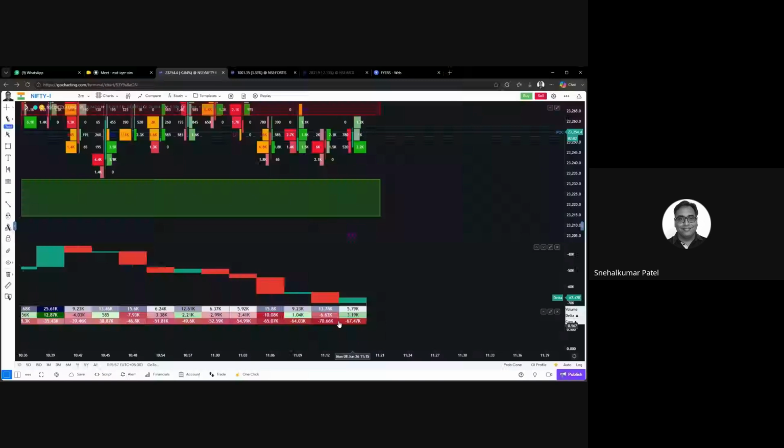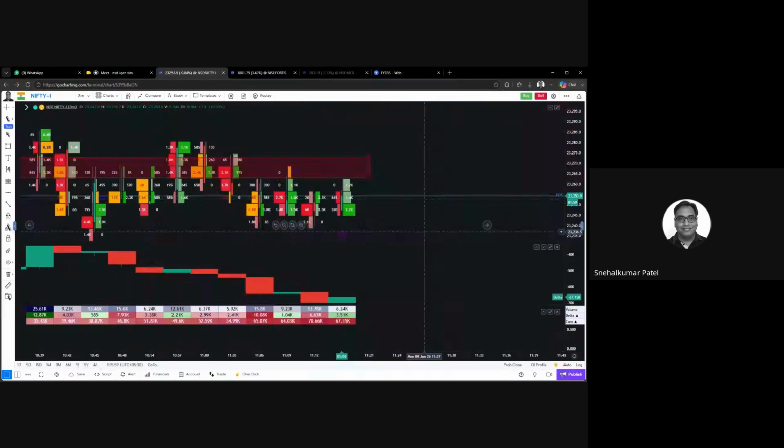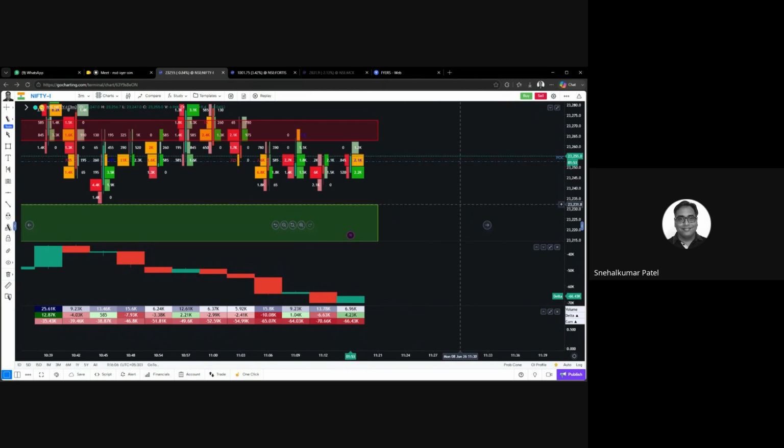If there is data that proves the market is going up, I take an upside trade. If the data proves a downside move is going to happen, I take a downside trade. Right now, the cumulative delta is negative, but the price is still sustaining, so it's still doubtful whether the price will go down or not.